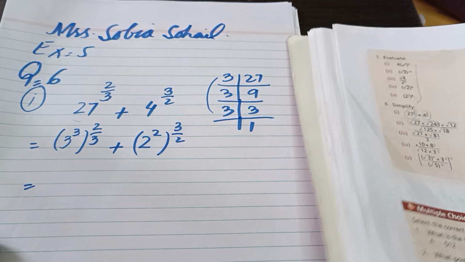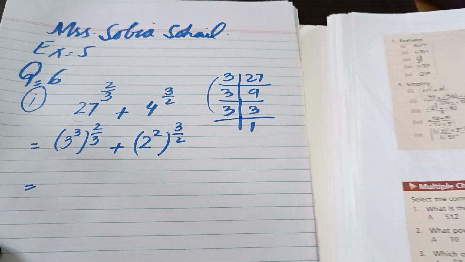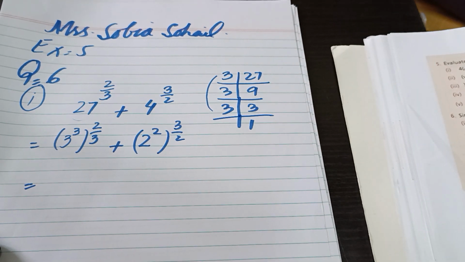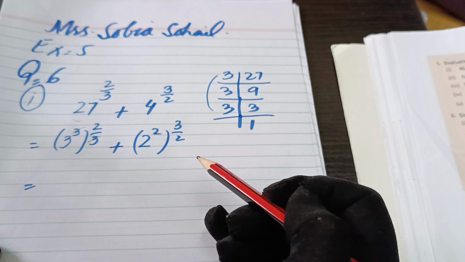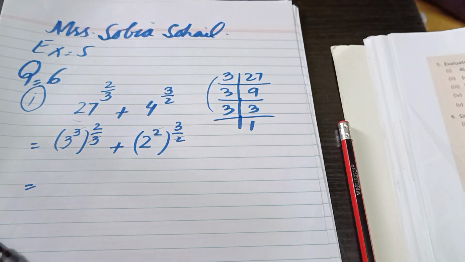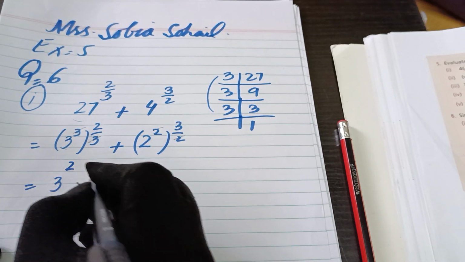Simply, using the law of indices, if we multiply these exponents, 3 will cancel by 3 and 2 will cancel by 2. The base number here is 3, and the exponent left is 2.